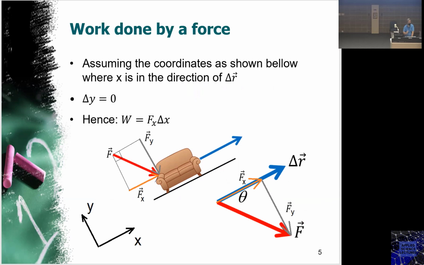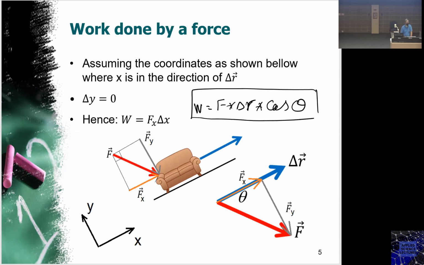If I am to rewrite the expression, W equals F times delta R times cosine theta, notice that I took the magnitude of F for that force, and I looked at the angle between that force and the displacement, and took this cosine theta in this expression.